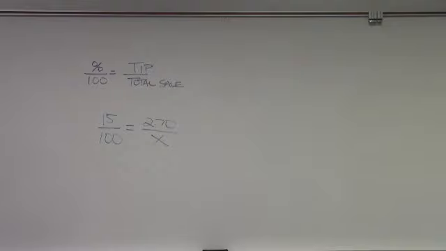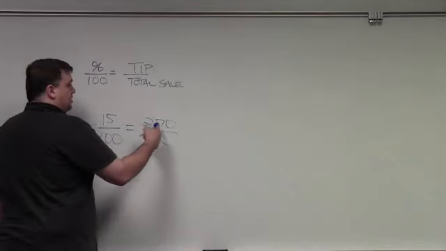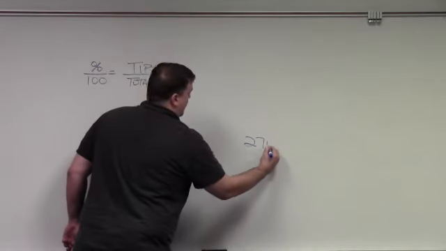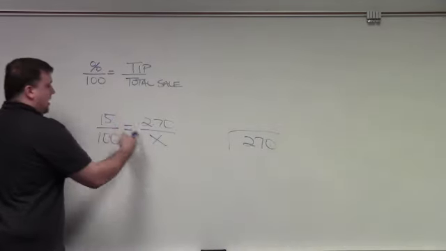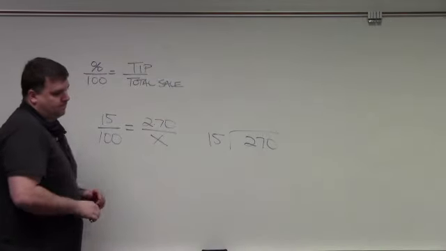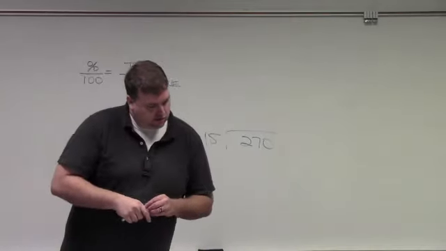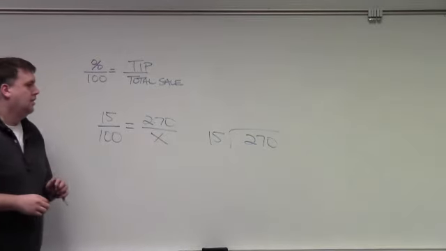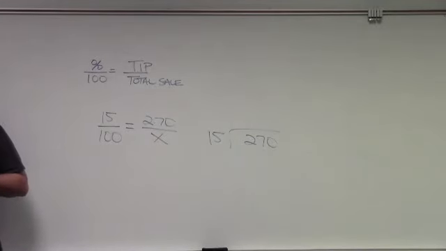Cross multiply. 2.7 times 100. This is the trick where you can move the decimal. You can multiply by 2 zeros. So it would be 270. 100 times 2.7 is 270. And then I would divide that by 15, and whatever that is was the cost of the meal originally.